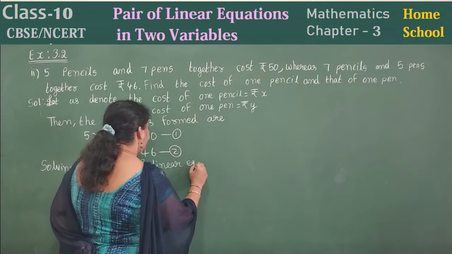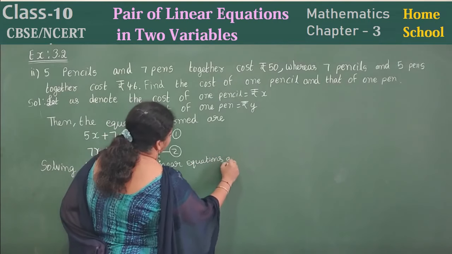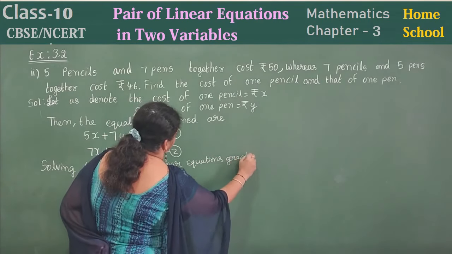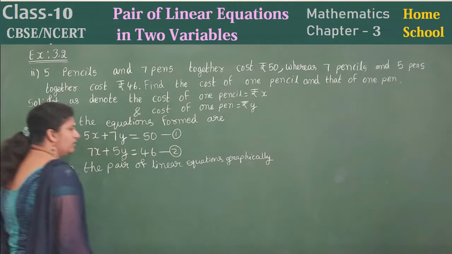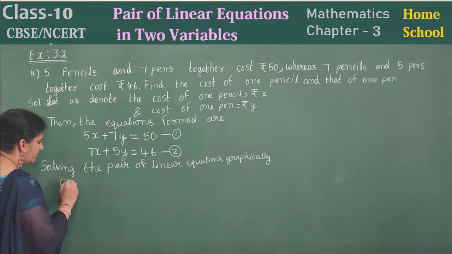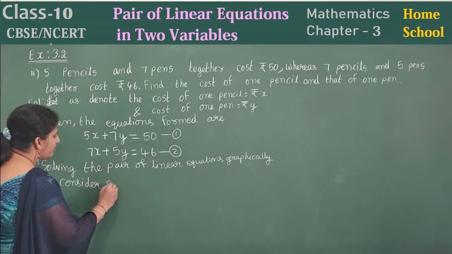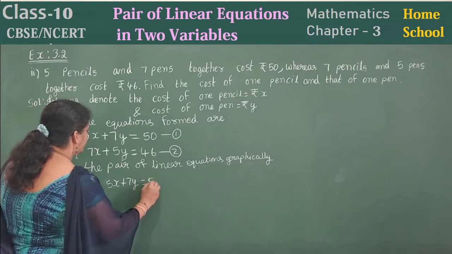So, right here. Solving the pair of linear equations graphically. Consider the first equation: 5x plus 7y is equal to 50.